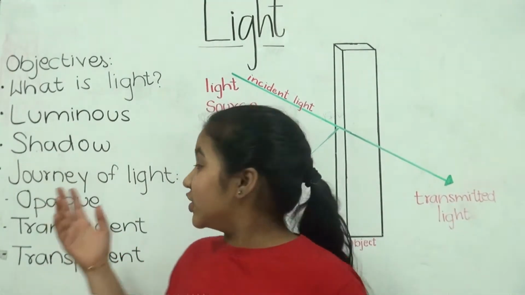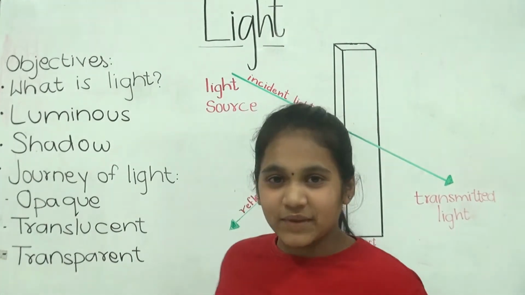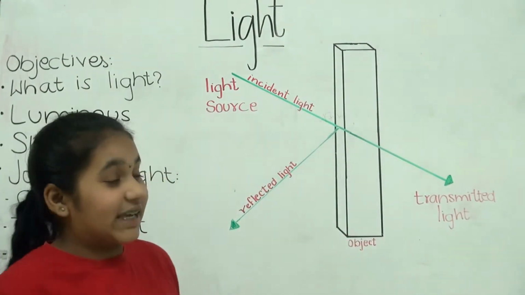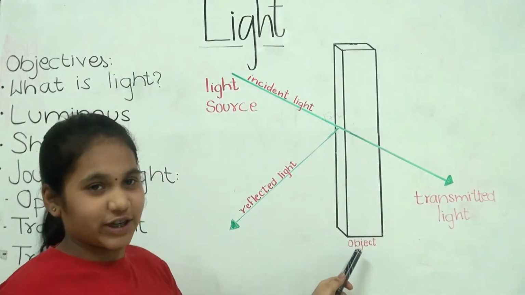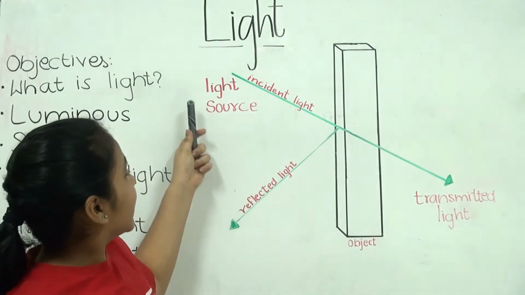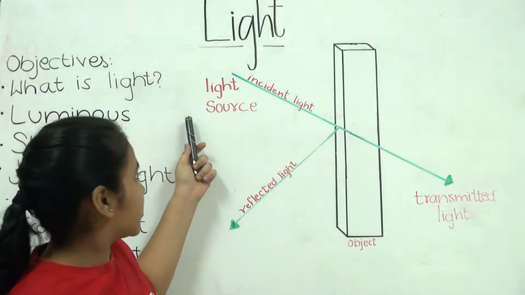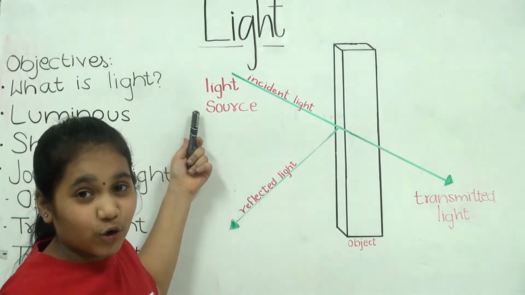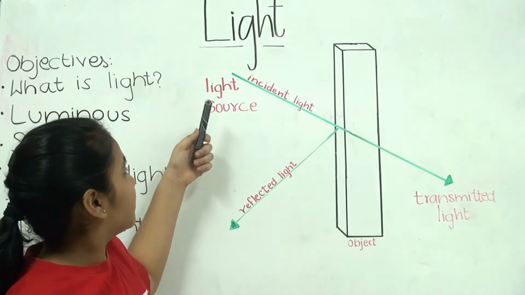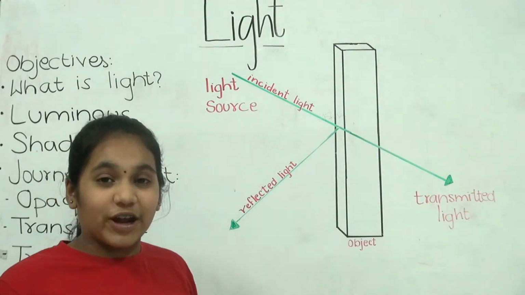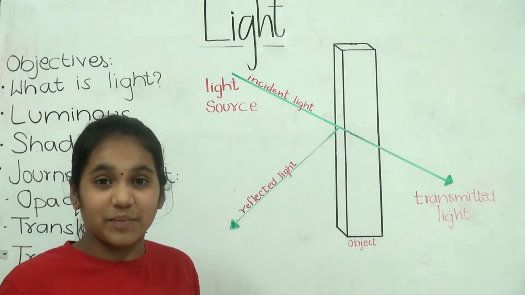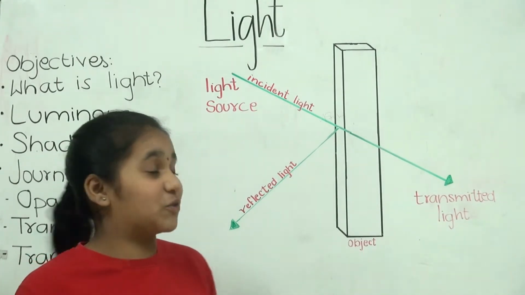Now, to the journey of light. Now, as you can see in this diagram, this is an object. Let's think that this is a light source, for example, a torchlight or a fire. And as we learned yesterday, a ray where the light comes from is called the incident ray.